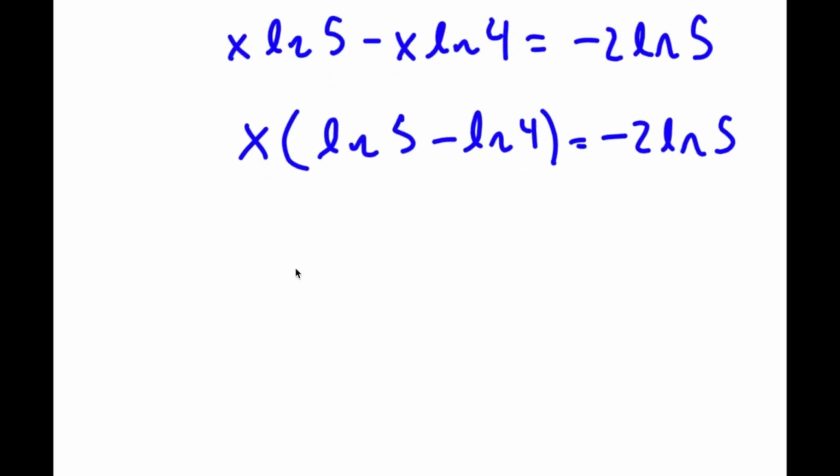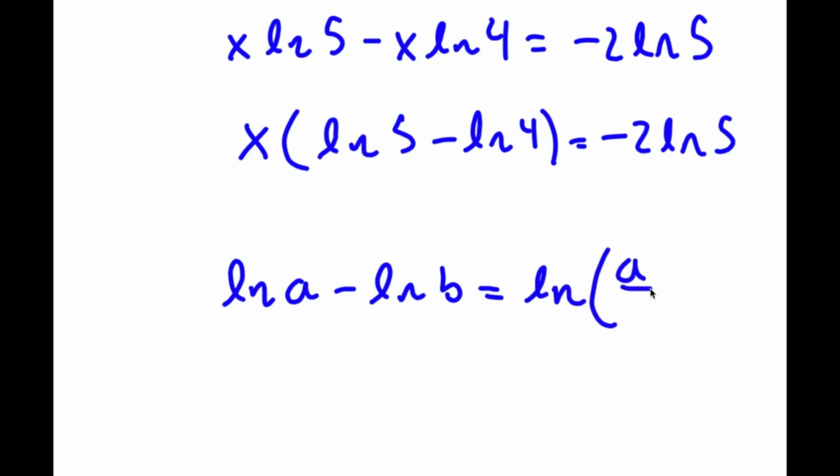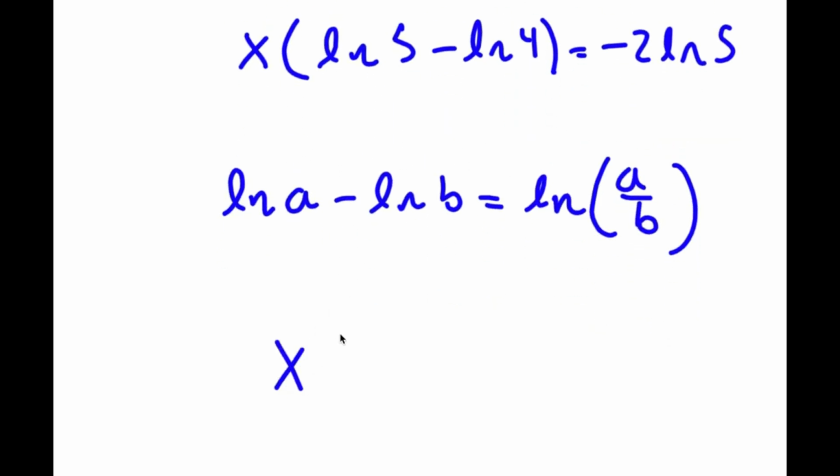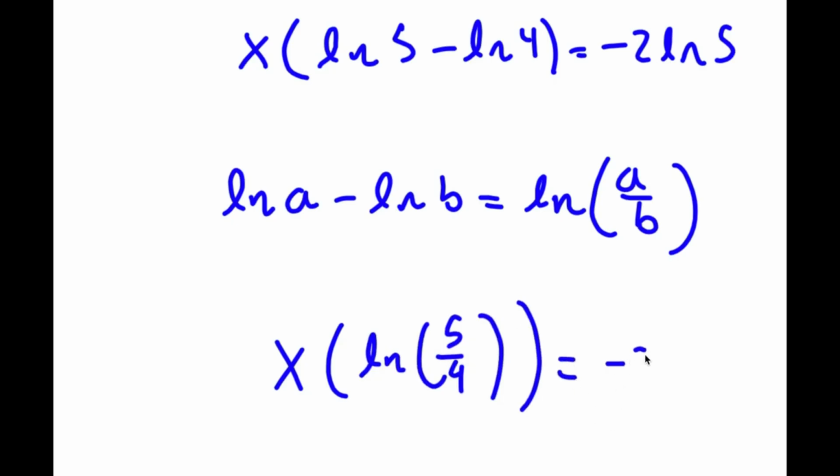Now, if I have something in the form ln a minus ln b, this is the same thing as ln a over b. So ln 5 minus ln 4, I can rewrite that as ln of 5 over 4, which is equal to negative 2 times ln 5.